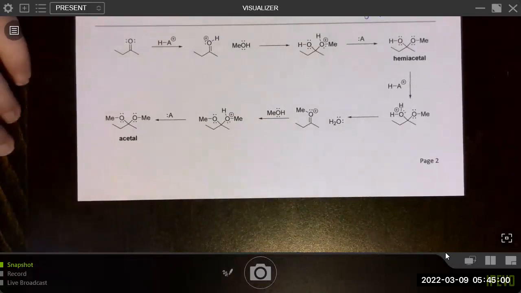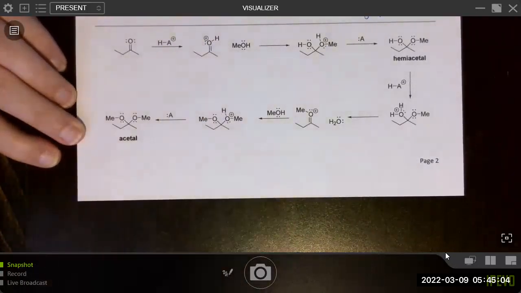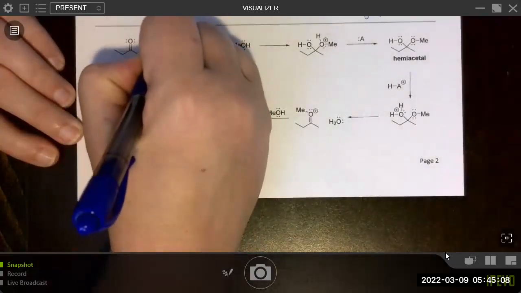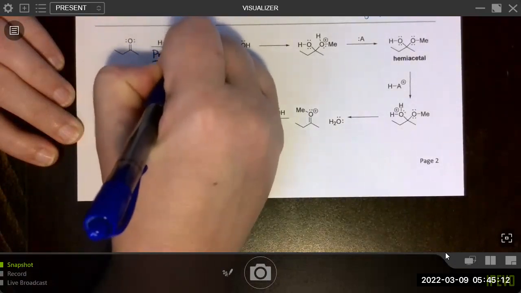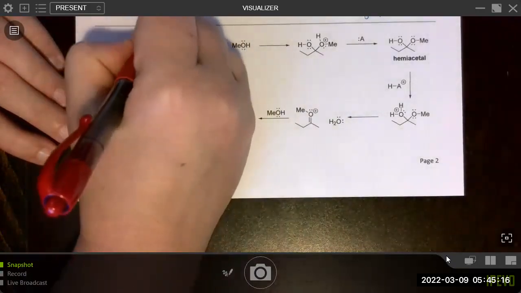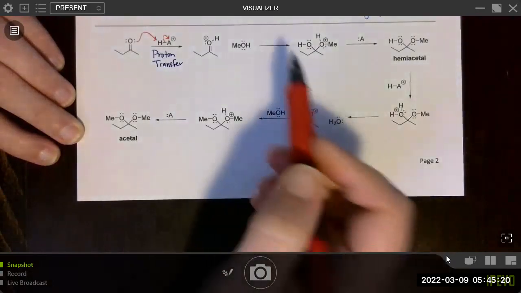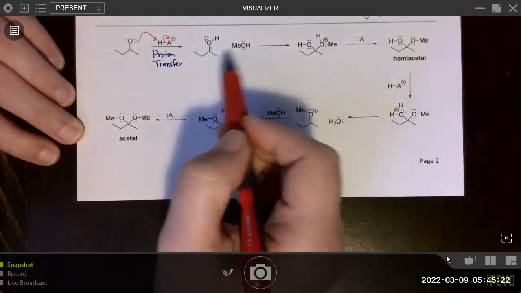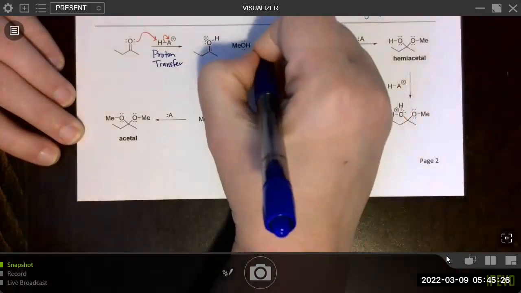We have, it's like the first step is a proton transfer. We need to show the curved arrows for that. And then it looks like we have a new bond being formed. So this is going to be a nucleophilic attack.